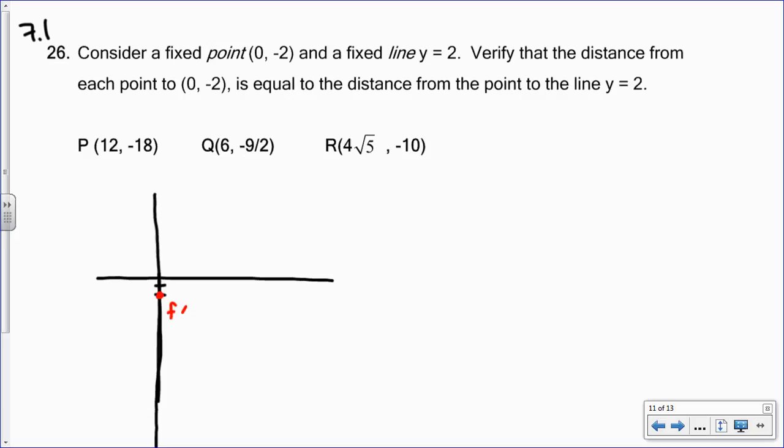I'm going to call that F, just so I have a name for it, and it stands for focus there. And then y equals 2. What type of line is y equals 2? Horizontal. So this is my directrix.